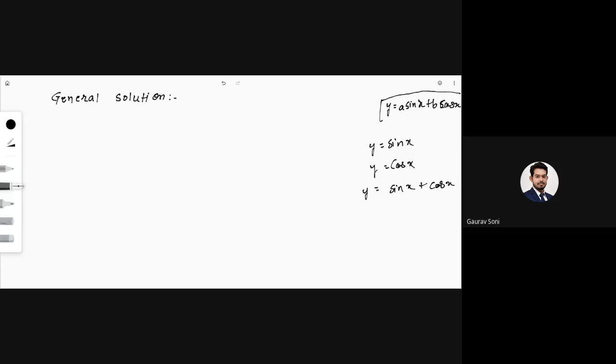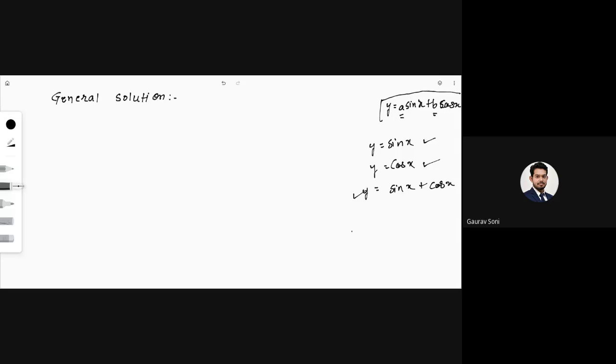So you give different values to this a and b and you will get different solutions. If you put a is equal to 1 and b is equal to 0, you will get sin x. You put a is equal to 0 and b is equal to 1, you will get this solution cos x. If you put a is equal to 1, b is equal to 1, you will get this.